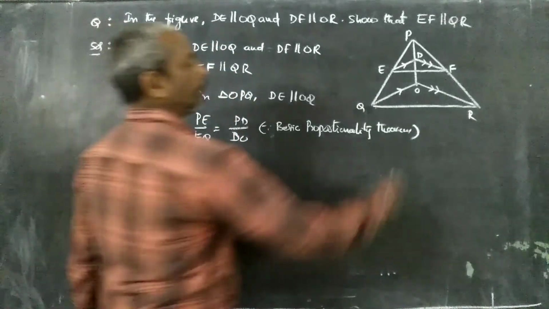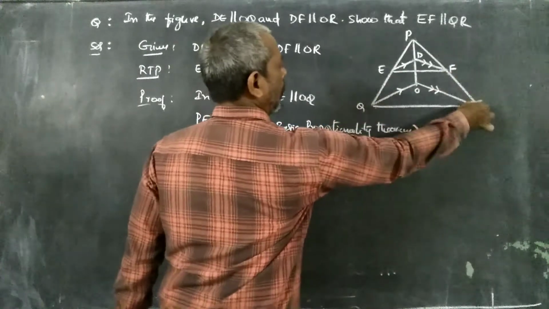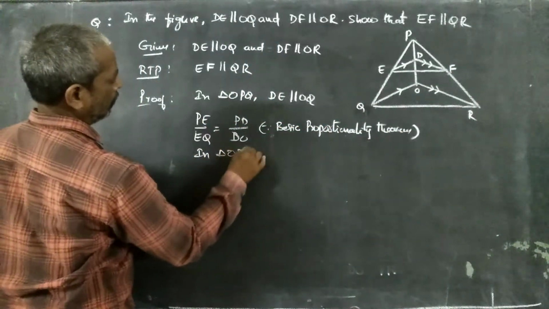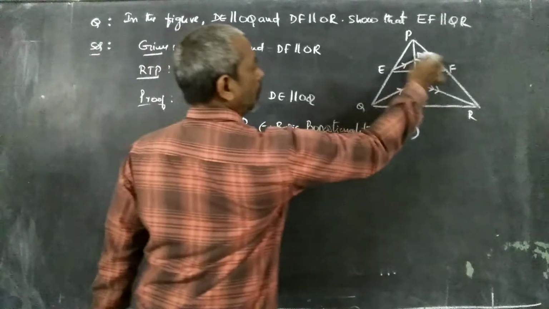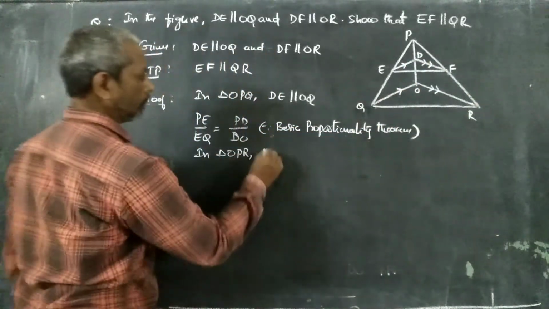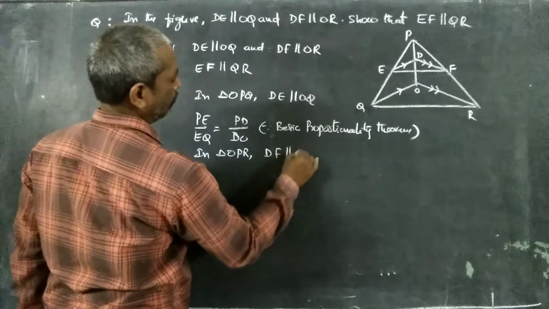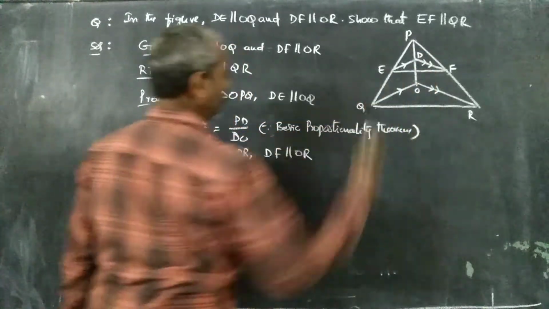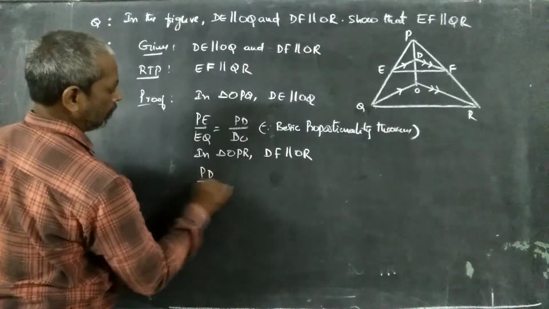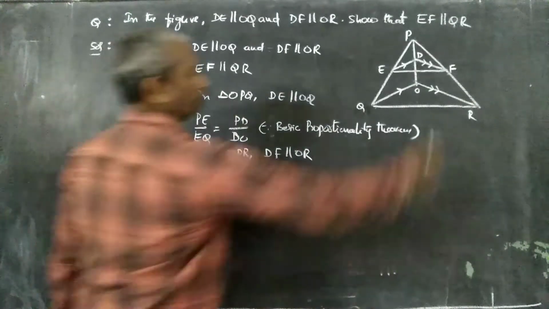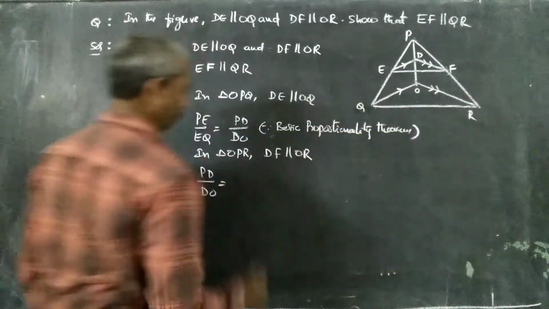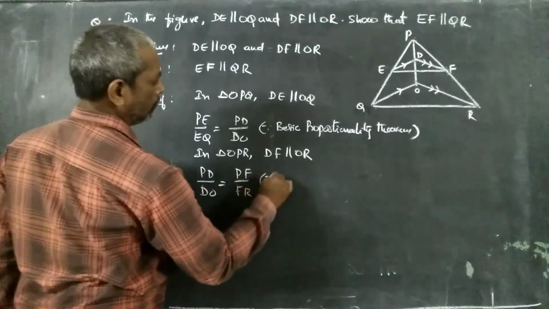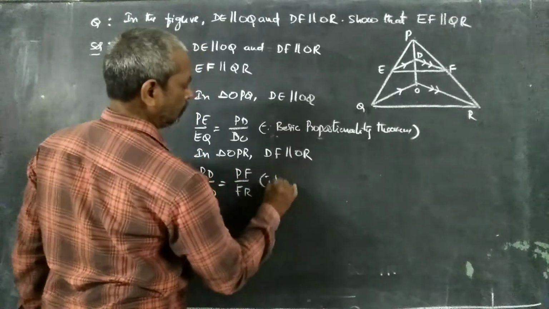Similarly, in triangle OPR, DF is parallel to OR. Therefore, PD by DO is equal to PF by FR, since the same basic proportionality theorem.